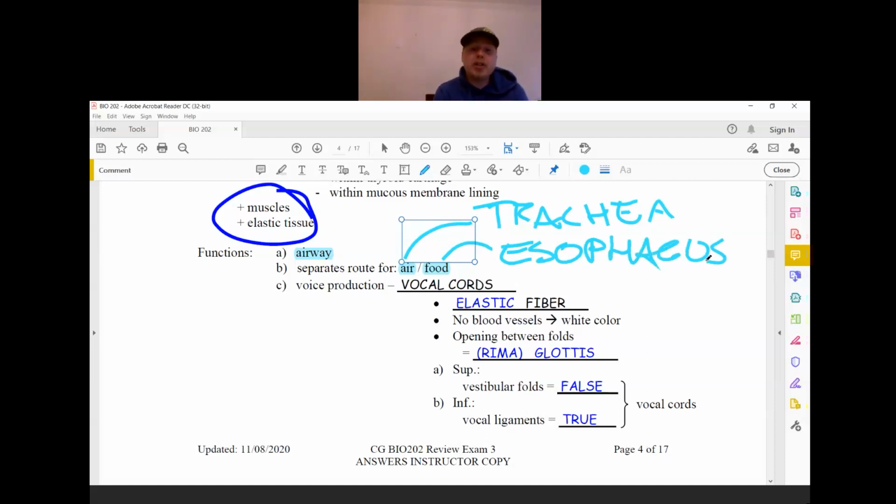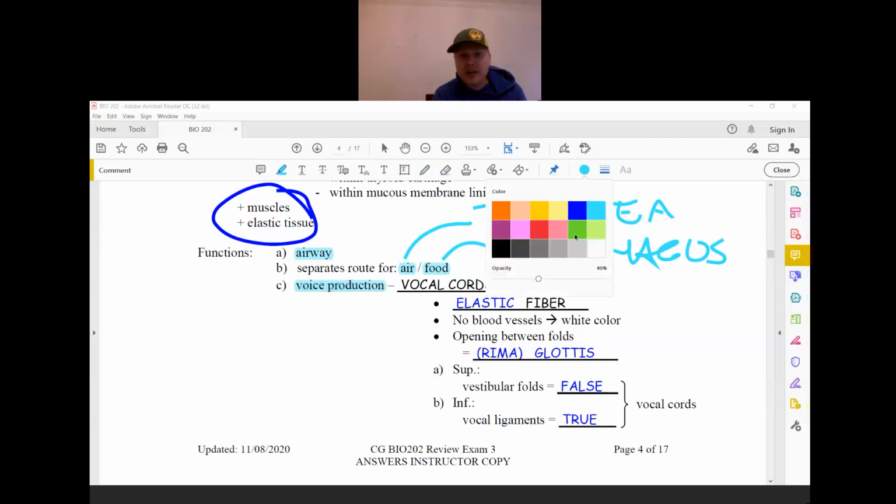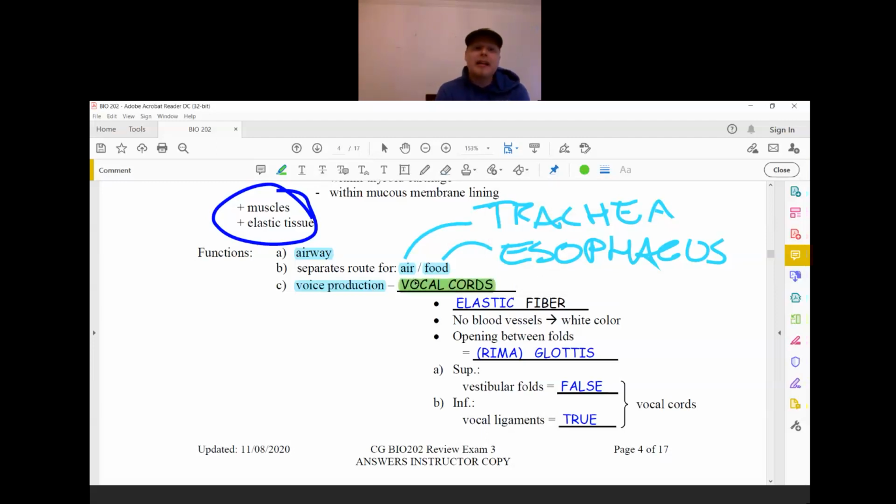The important function that we saw for the larynx was the voice production, and this was all due to those vocal cords and controlling the tightness or relaxation of the vocal cords, as we discussed. An interesting thing to note about the vocal cords is that they are made of elastic fibrous tissue.